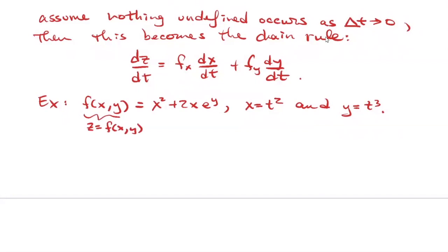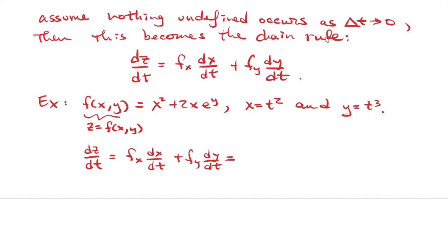Okay, so then dz over dt is an ordinary derivative because there's really only one independent variable here. With one independent variable, there is no partial derivative. It's just an ordinary derivative. And so the rule is fx dx over dt plus fy dy over dt. So we can start punching stuff in here.